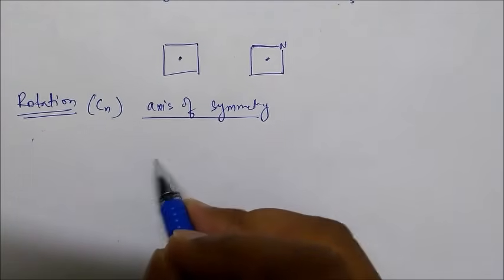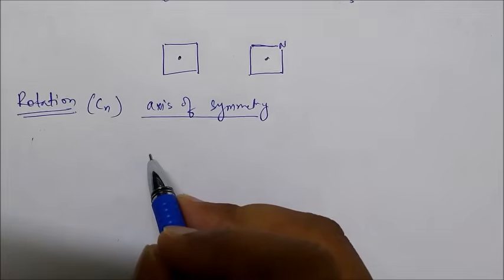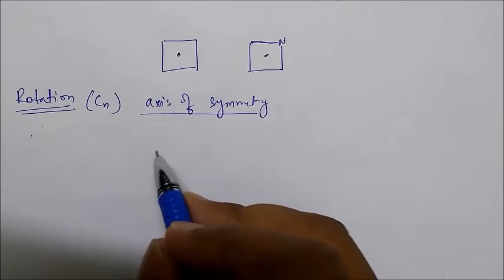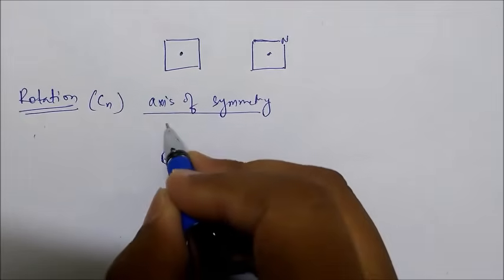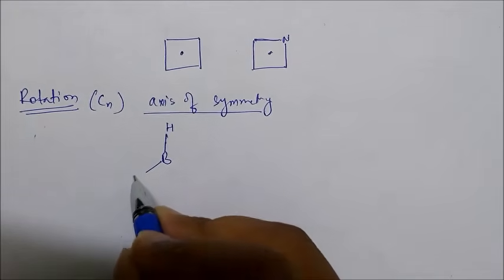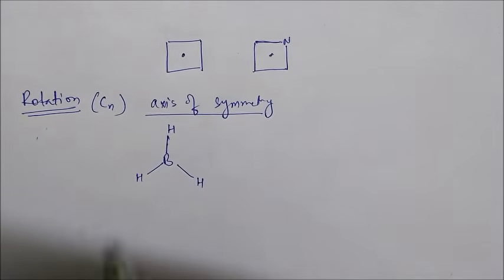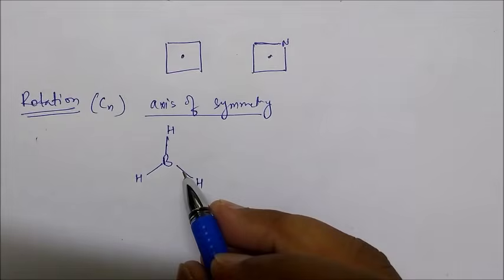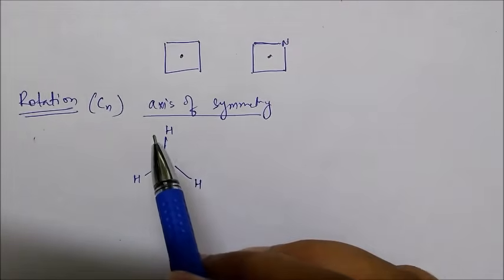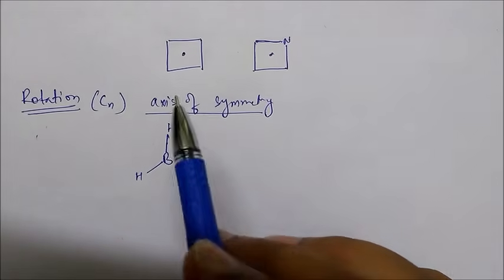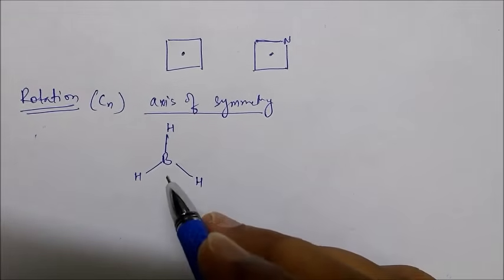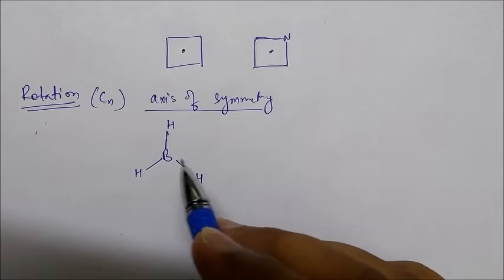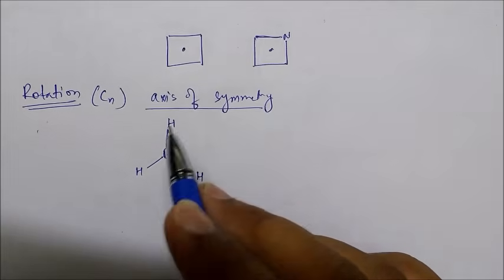So consider that we have a molecule. Let's take an example, BH3. We have a molecule BH3 like this. And if I ask you whether there is any axis of symmetry, first of all you have to check whether there is any axis about which, if it is rotated, the molecule will remain the same.